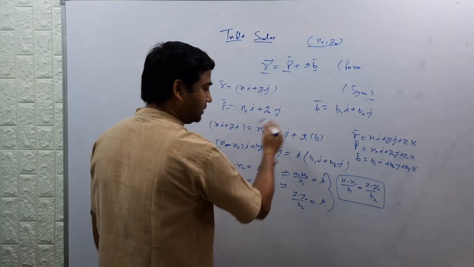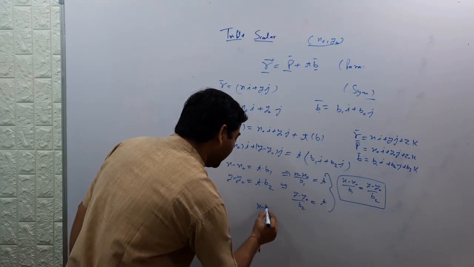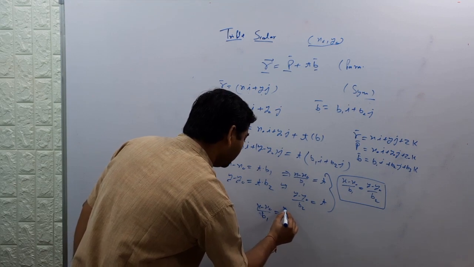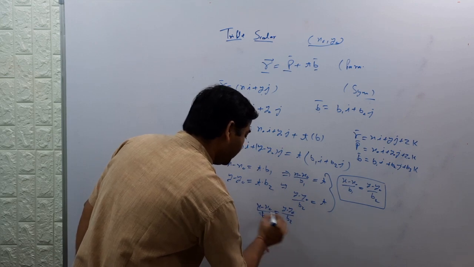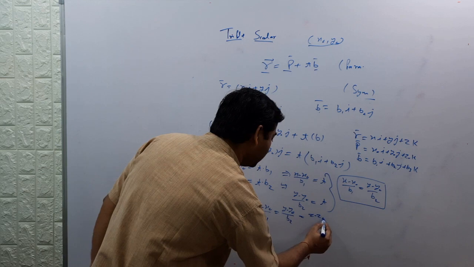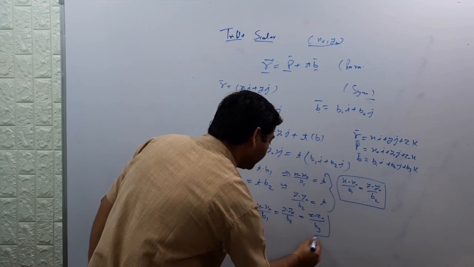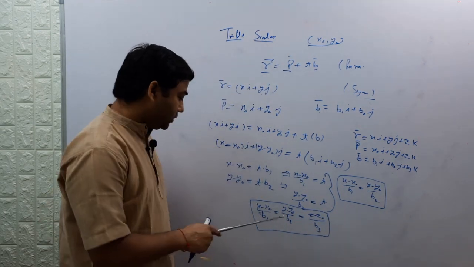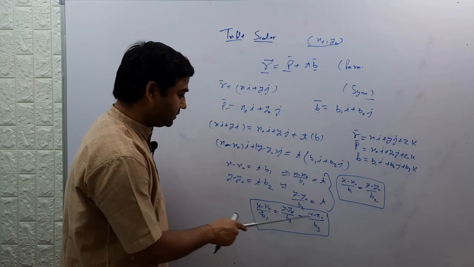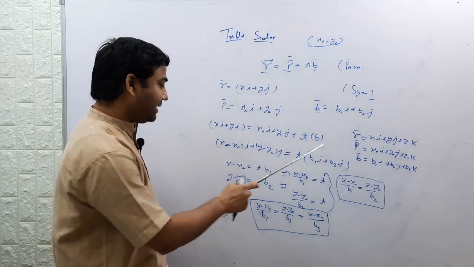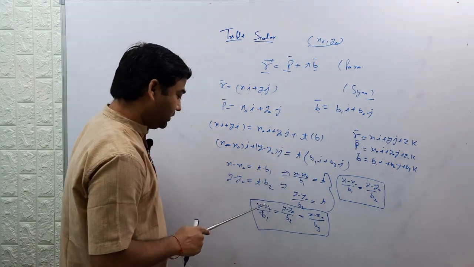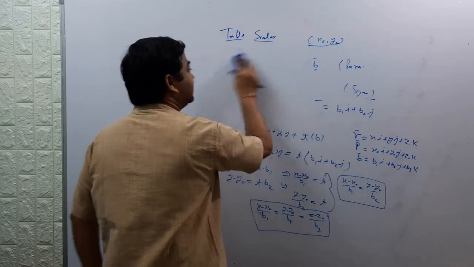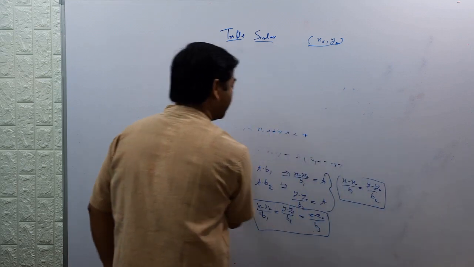By the same argument, you will get the symmetric equation as (x minus x0) by b1 is equal to (y minus y0) by b2 is equal to (z minus z0) by b3. For a three-dimensional coordinate system, the vector equation in symmetric form is written as this, where x, y, z is a general point. So we will take a simple example to illustrate the symmetric form of the equation.